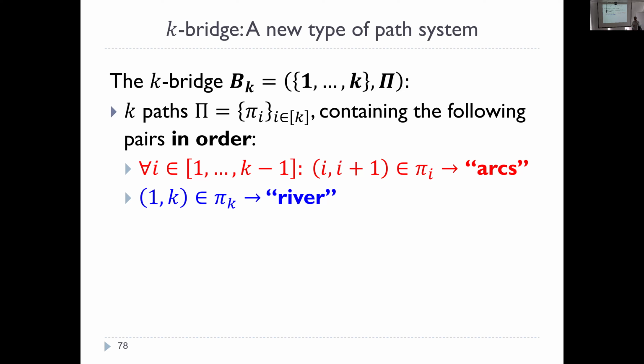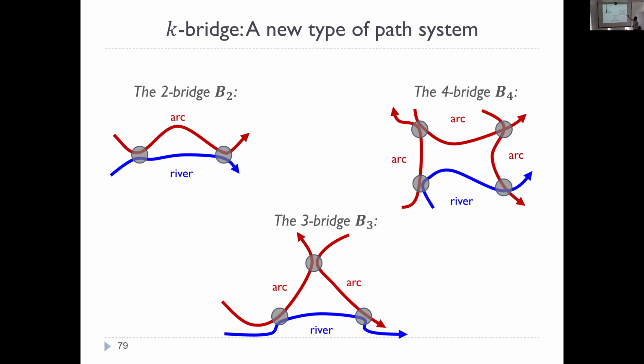So 1 and 2 are going to belong to one path, and then 2 and 3 are going to belong to another path, etc. So for example, here you can see a 2, 3, 4 bridge. You have the river, which contains those two nodes in order. There might be other nodes in between, before, after. And then you have the arcs, 1, 2, 3. It's essentially a cycle of paths with one path flipped. This is the concept that we define.